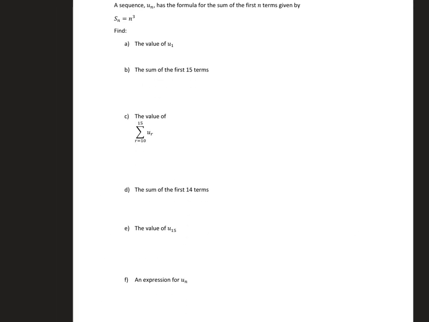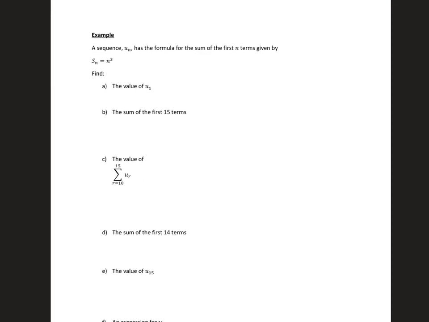Okay, now let's see if we can explore a bit more about these sequences and series. So a sequence has got a formula for the sum of the first n terms given by Sn is n cubed. So to get the sum of the first n terms, I just cube what n is.